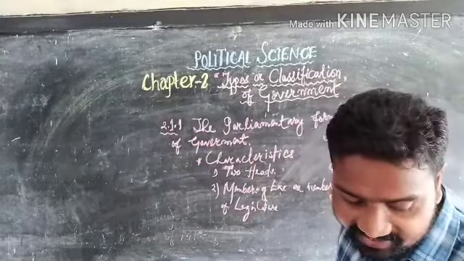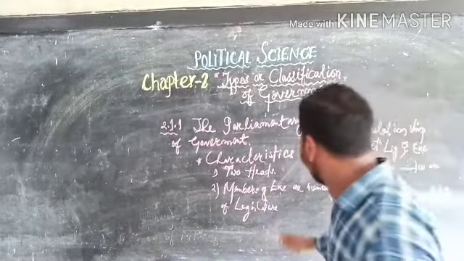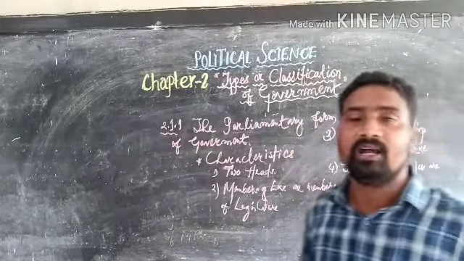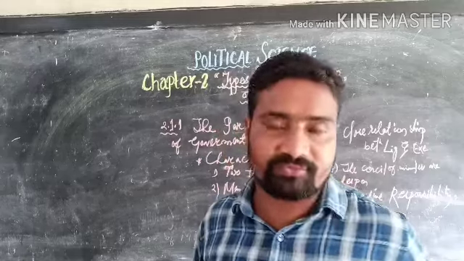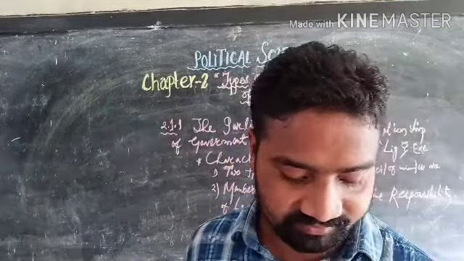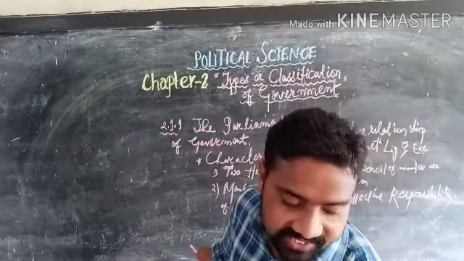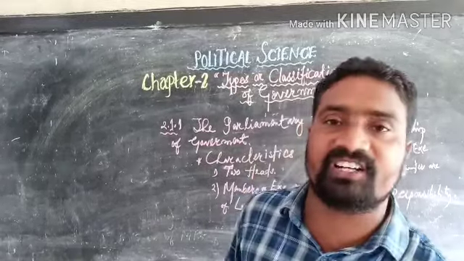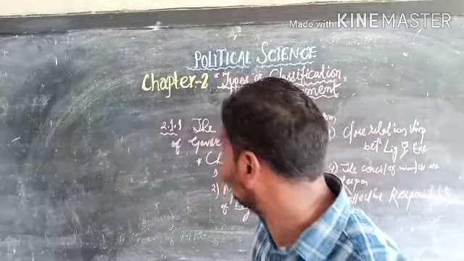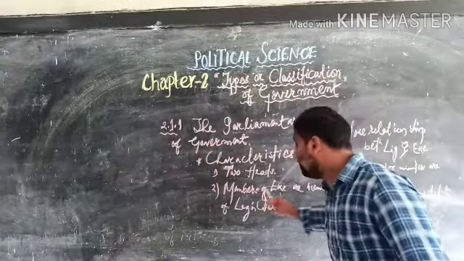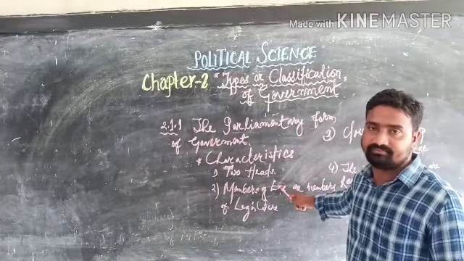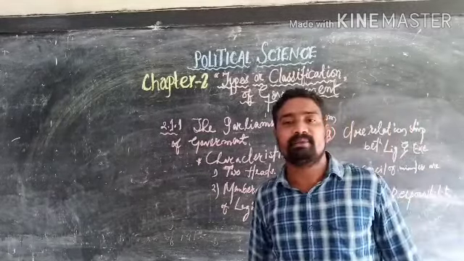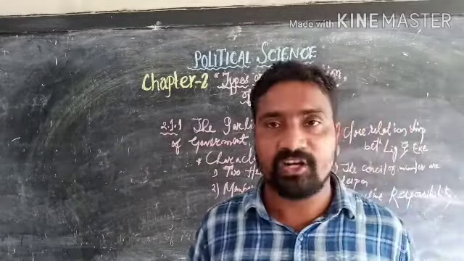Now the second point is that the members of the executive are also the members of the legislature. That means all the members of the executive are or should be members of the legislature.